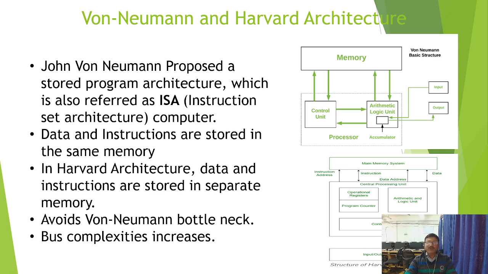But there is a problem which is popularly known as the von Neumann bottleneck. This bottleneck was alleviated by the then proposed Harvard architecture, where there is a splitting of memory devices.